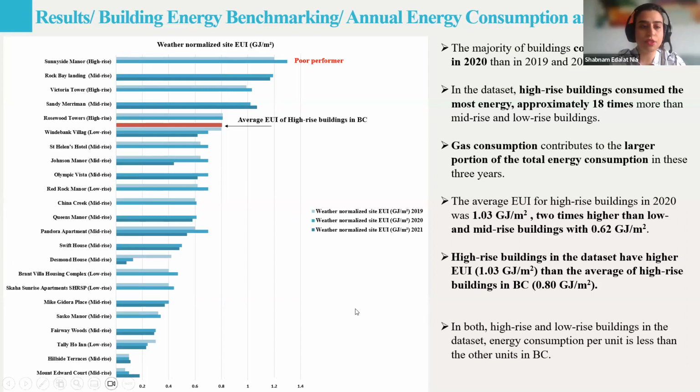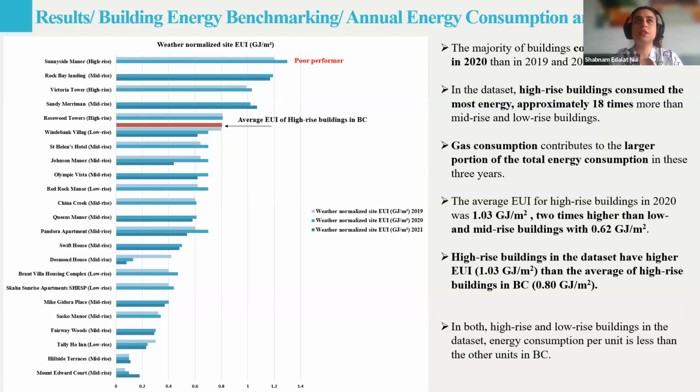Also, we have 2 mid-rise buildings here among the highest buildings with the energy use intensity. So I could say that the results related to energy consumption and energy use intensity show high-rise buildings at the top of the graph as the highest energy consumers.